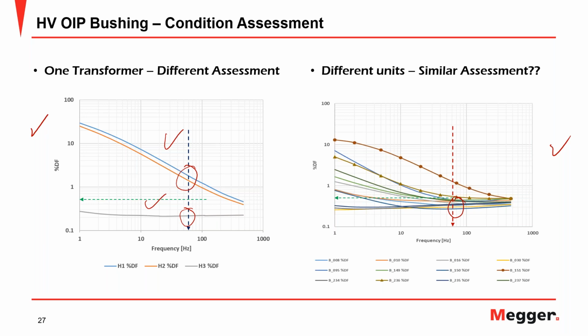So here's your 0.5%, here is your 0.7%, and here is your 1%. So you have 10 units below 0.5%. So are those okay? And then you have 1 unit, right, which is between 0.5 and 0.7. And there's only 1 unit, right, that is over 1%.